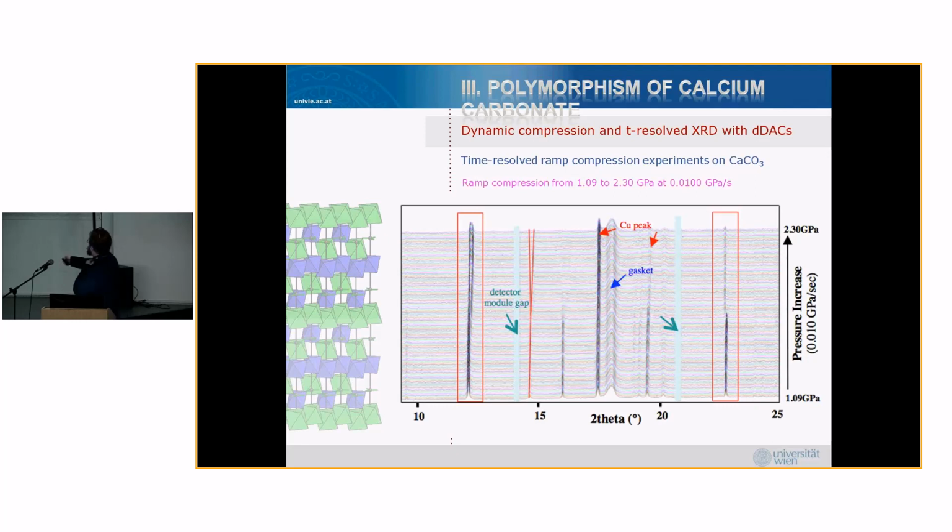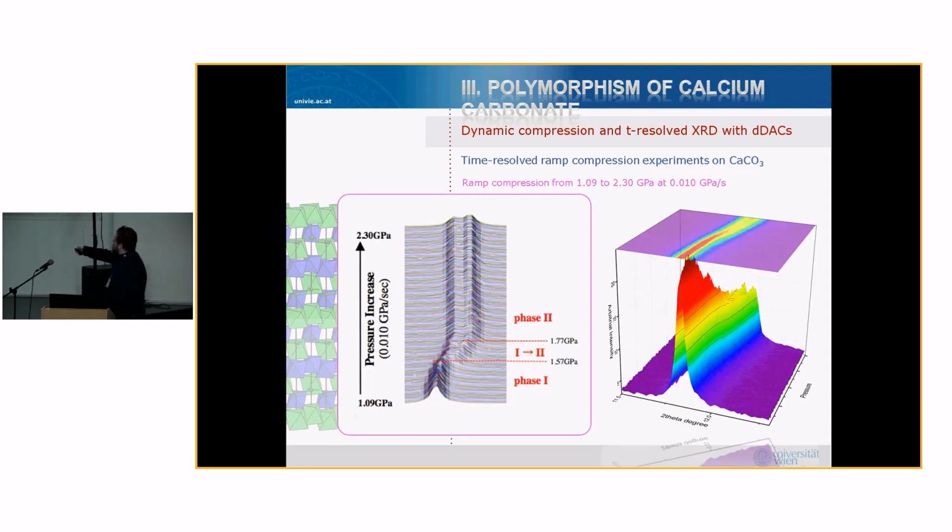And then, especially in these areas, if you go to this phase transition boundary, in this case between 1.5 and 1.7, you really see it changing from the trigonal over a time interval and then finally becoming the monoclinic one.